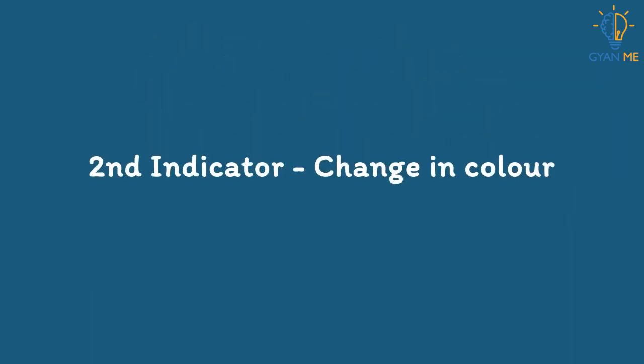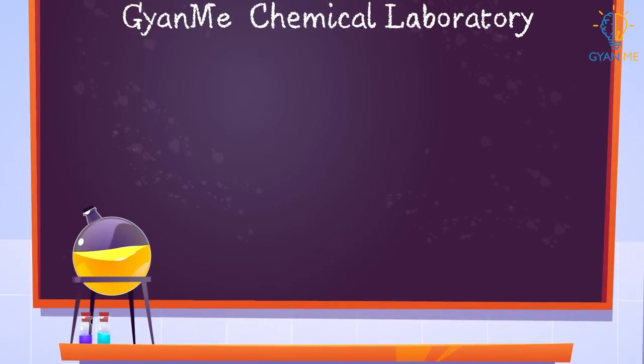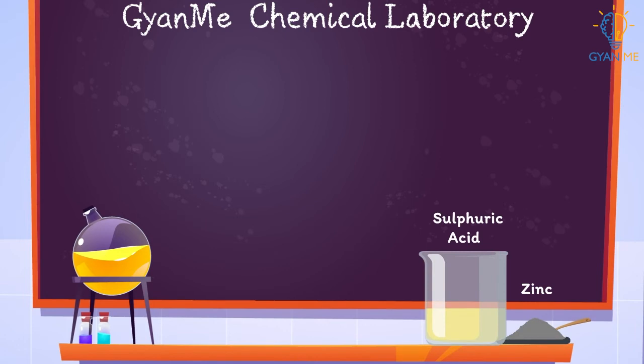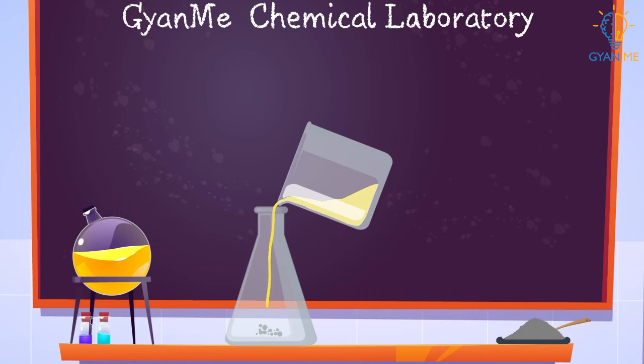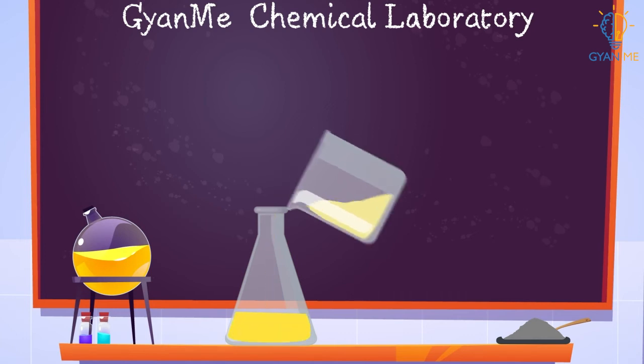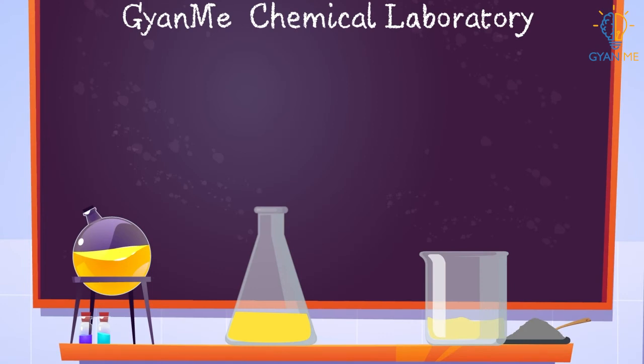For that, let us perform one more experiment. Take zinc granules, dilute sulfuric acid, conical flask. First take conical flask and add zinc granules to it. After this, add slowly dilute sulfuric acid. You will observe formation of some bubbles. If we put glass tube on the top of this flask, we can observe some fumes are coming out.